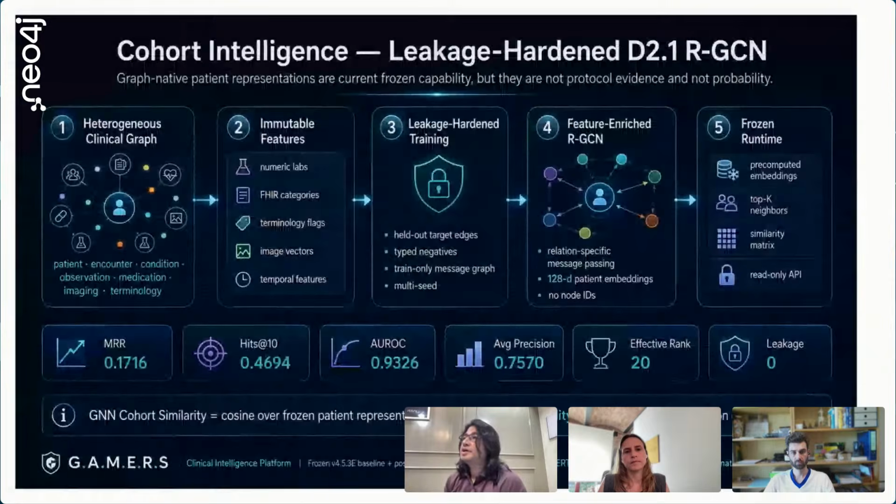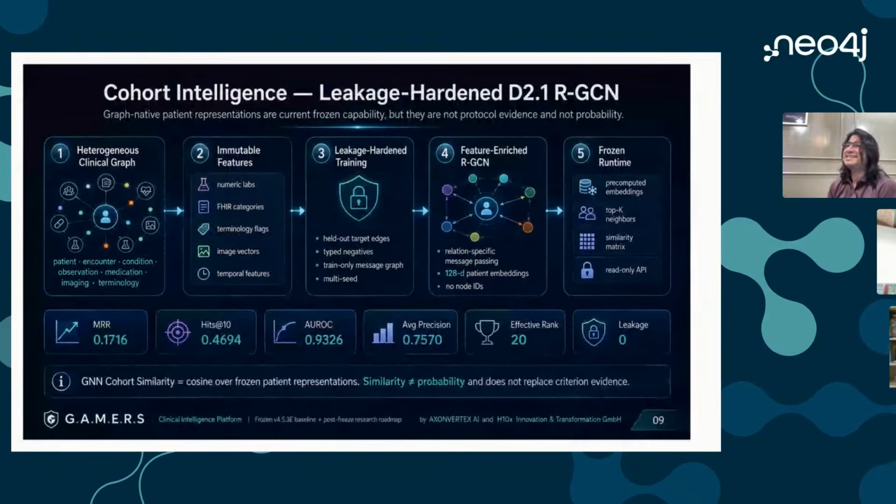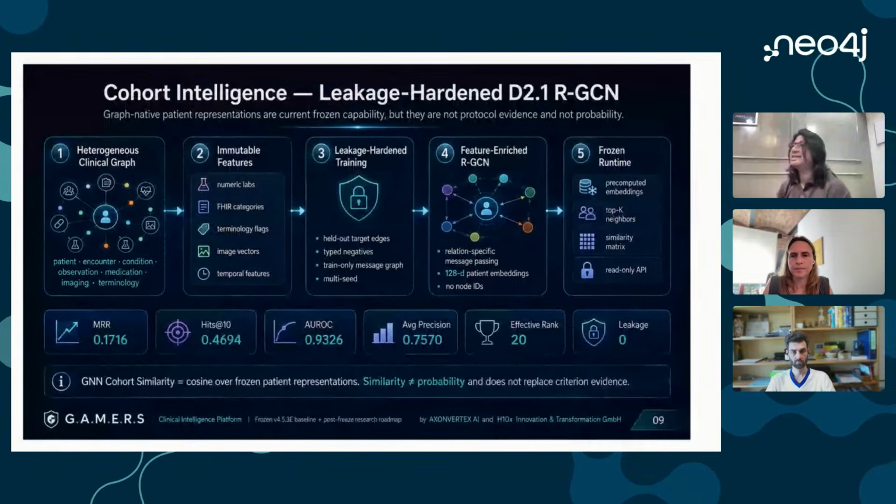The cohort intelligence, this is the slide which has a lot of things that we want to talk about.